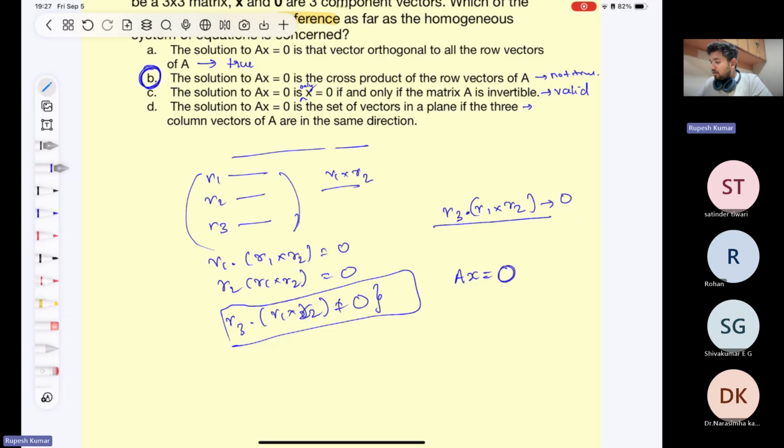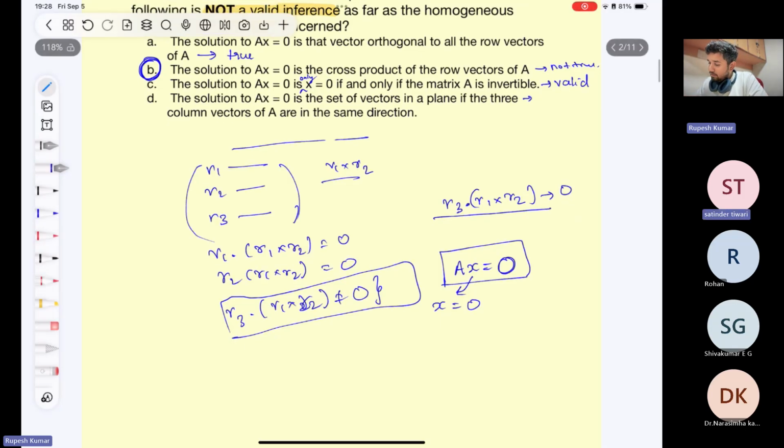If you are trying to solve Ax equals zero, the homogeneous system of equations, then in that case you always have the solution x equals zero. This is the trivial solution that always exists, because A can be any matrix and if Ax equals zero, then x equals zero is the natural choice. It is already there, right?